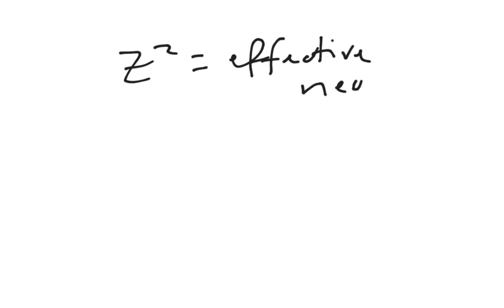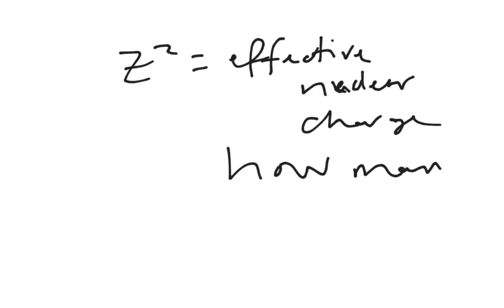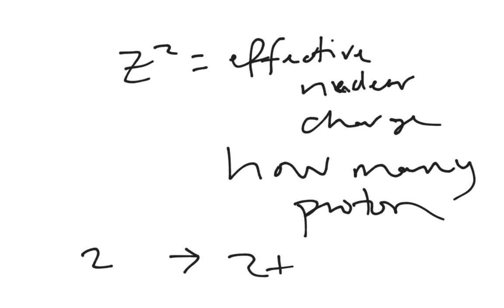Well, Z squared is talking about the effective nuclear charge, or how many protons I have. Right? So if I have 2 protons, I have a charge of 2 plus. If I have 4, I have 4 plus. Okay, and then we're going to square that.